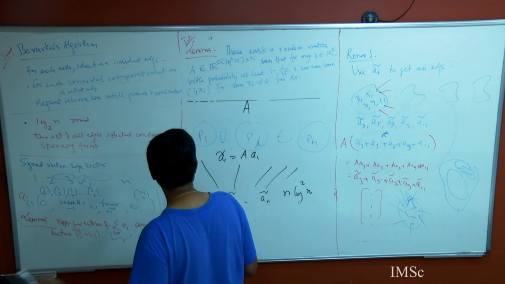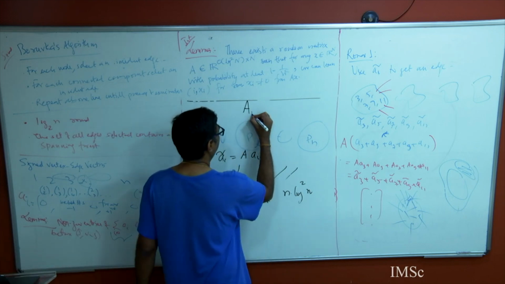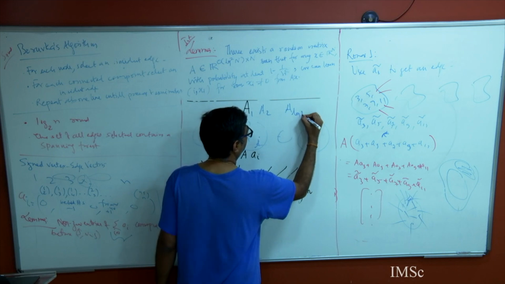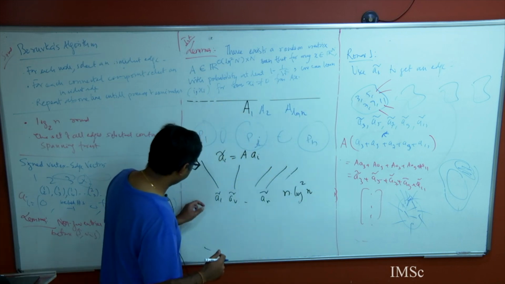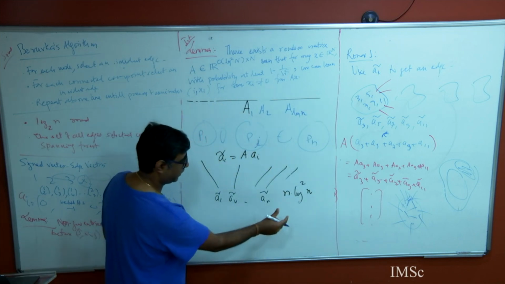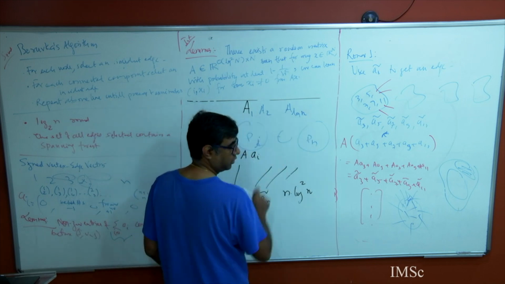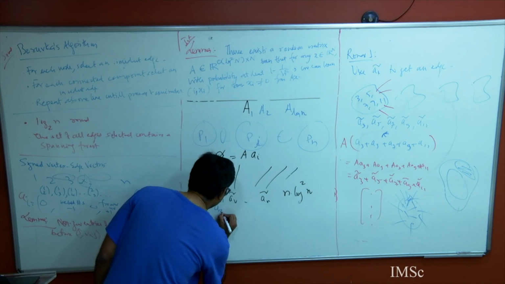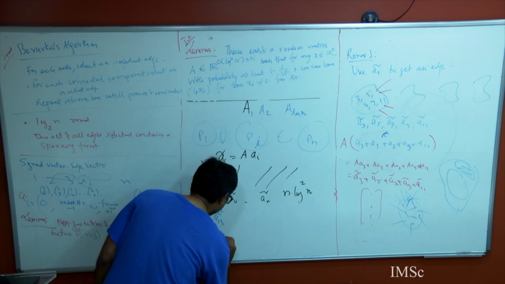So what we are going to do, we are not going to have one sketch, but a1, a2, up to a log n, and I'm not going to send him one sketch. I'm going to give him a1 tilde, a2 tilde, a3 tilde, up to a log n tilde.